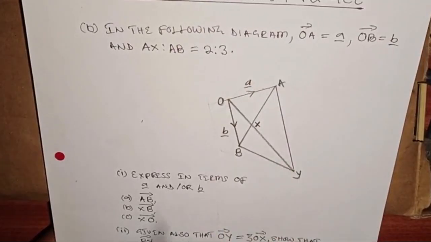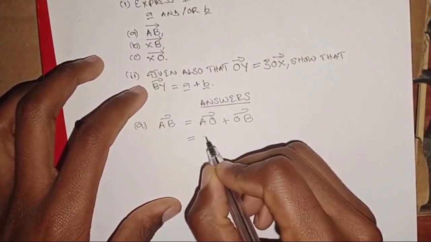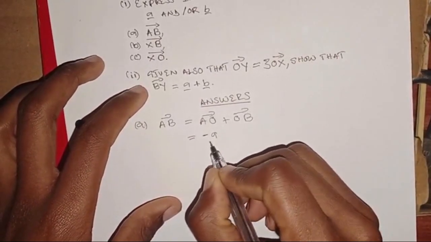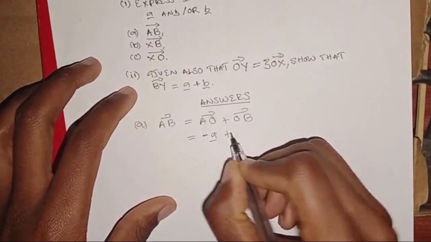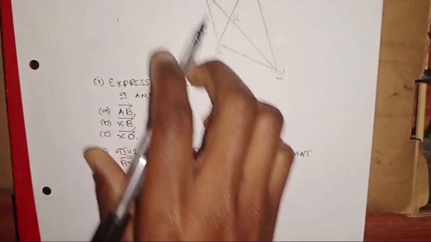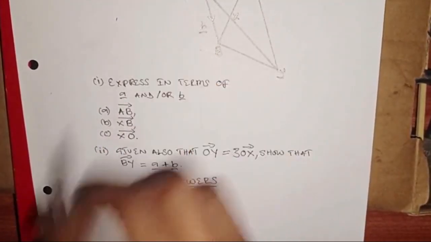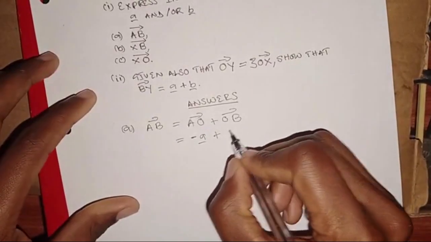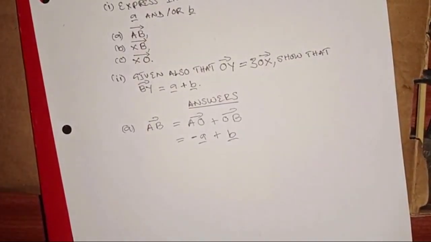It's going to be negative A. So AO equals negative A, and we indicate that, plus OB. As you can see, OB is in the exact same direction, so the value here will be maintained. So it's just going to be like so.